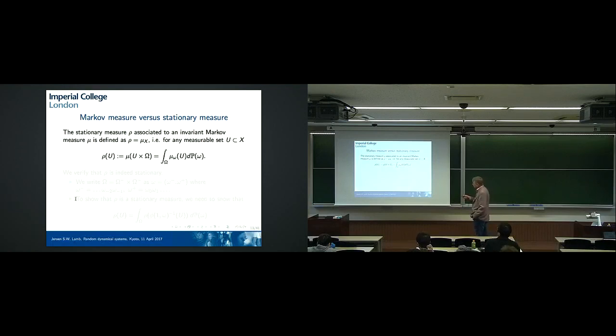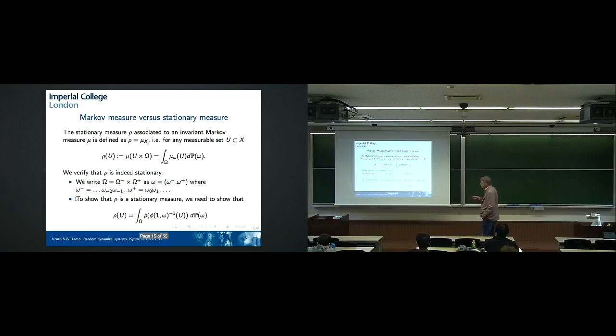Okay, let's now check that this measure is indeed stationary. What we do is we make a separation of the time into past and future, and it helps us understand this formula. So I write the space like this, and in symbols we have the dot, and the dot separates the future from the past.